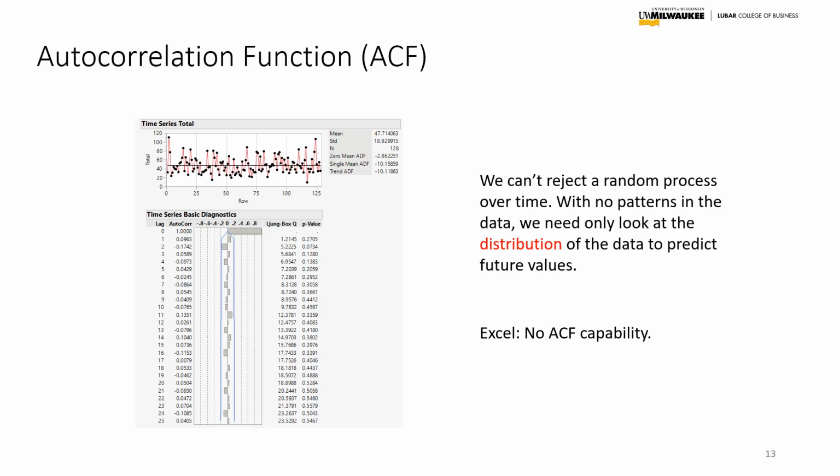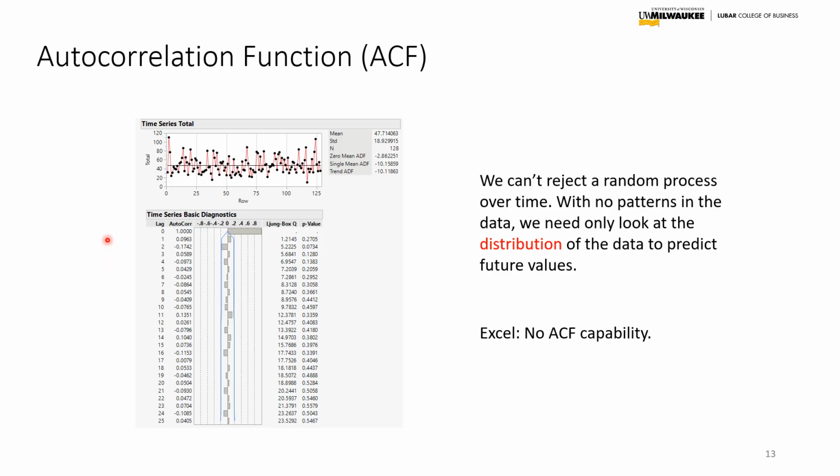I showed you a few slides back that you can go from Analyze to Specialized Modeling to Time Series to get a time series graph that you see here on the slide. Also, what comes with it is an autocorrelation function, or ACF for short. ACF is basically showing you the correlations between snow totals and lag snow totals. Also, it's giving you a bar graph of those correlations.